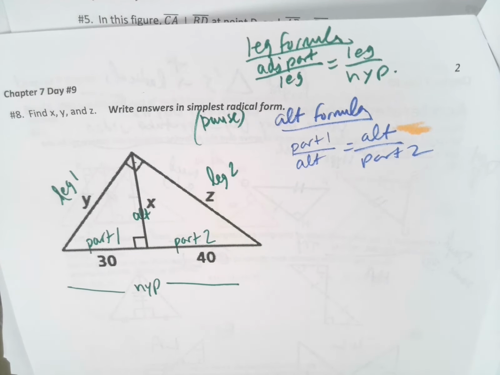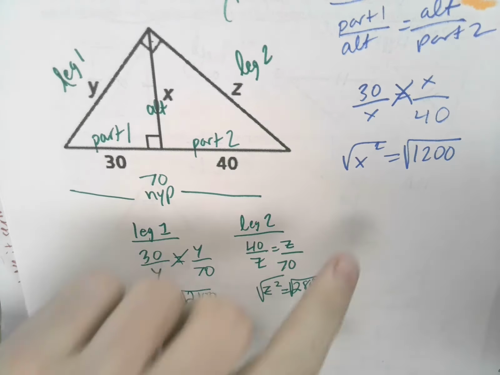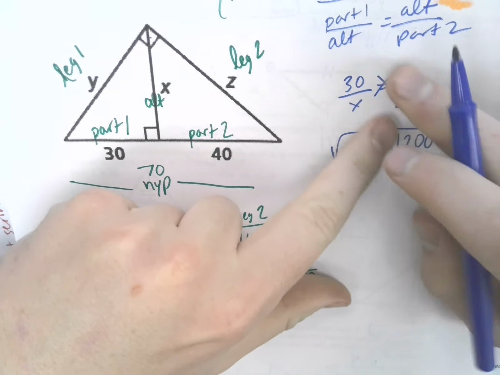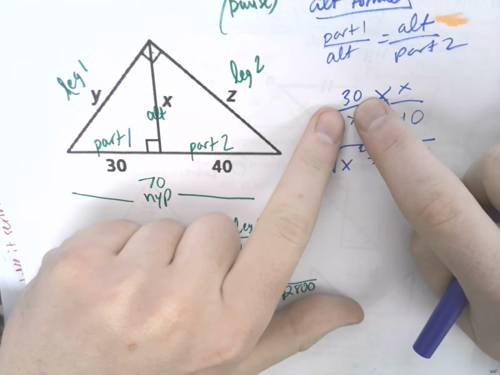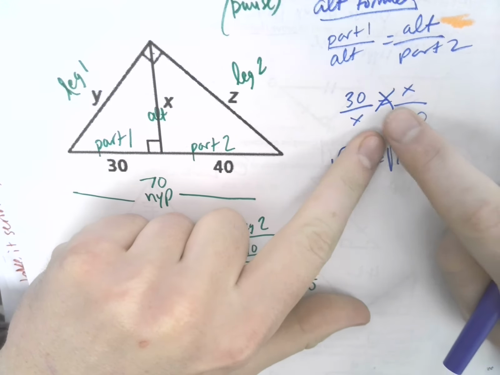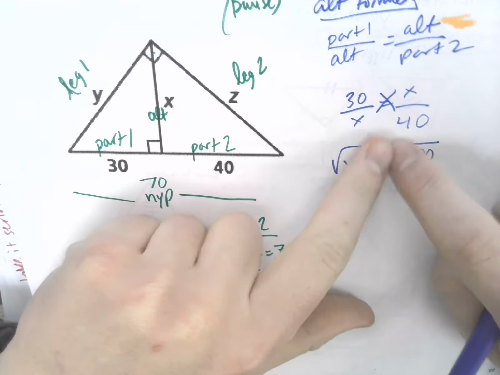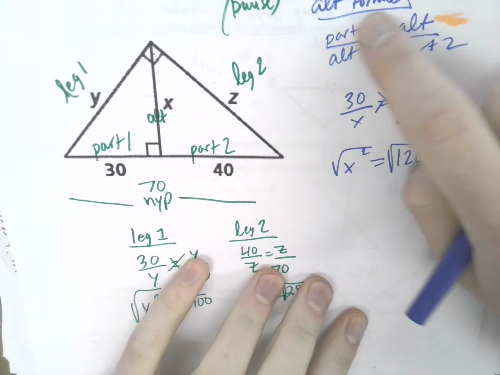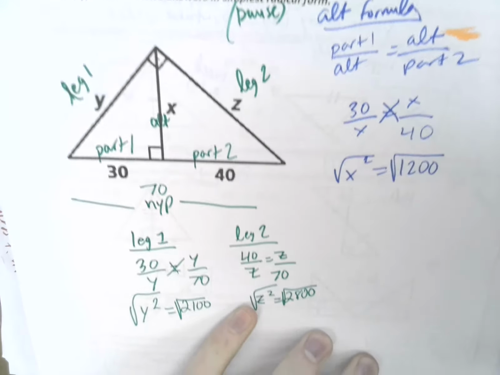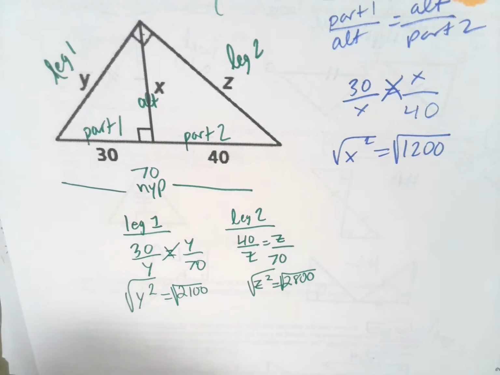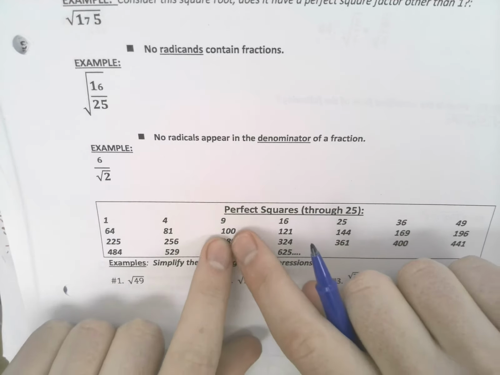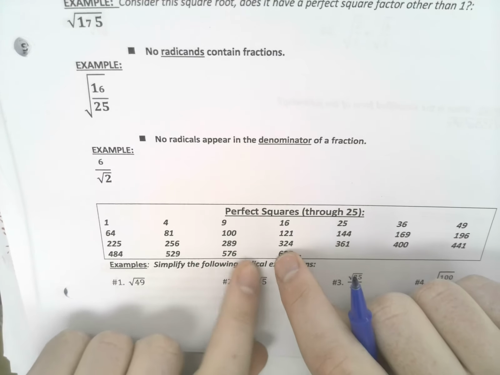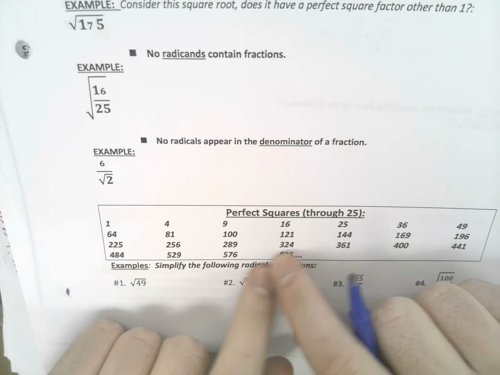Okay, so you guys know my method. When I cross multiply using these formulas, I always like to look for perfect squares. Unfortunately, 30 and 40 aren't perfect squares, so I'm going to go ahead and multiply them together. This is me trying to find my altitude. Well, now 1200. Let's look at our perfect squares here. I know obviously some of the smaller ones are going to work, but we want to look big. 100 will for sure work, but let's go even bigger than that.